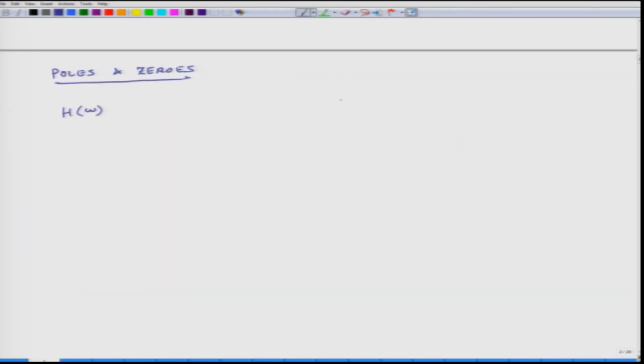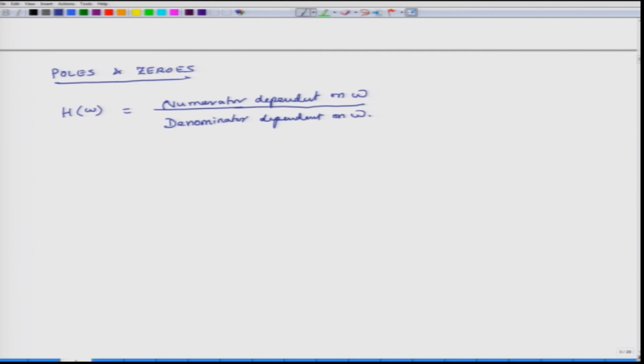Any transfer function will have a numerator dependent on omega and a denominator dependent on omega. In the case we saw earlier, the numerator was 1 and the denominator was k minus m omega square plus c j omega.